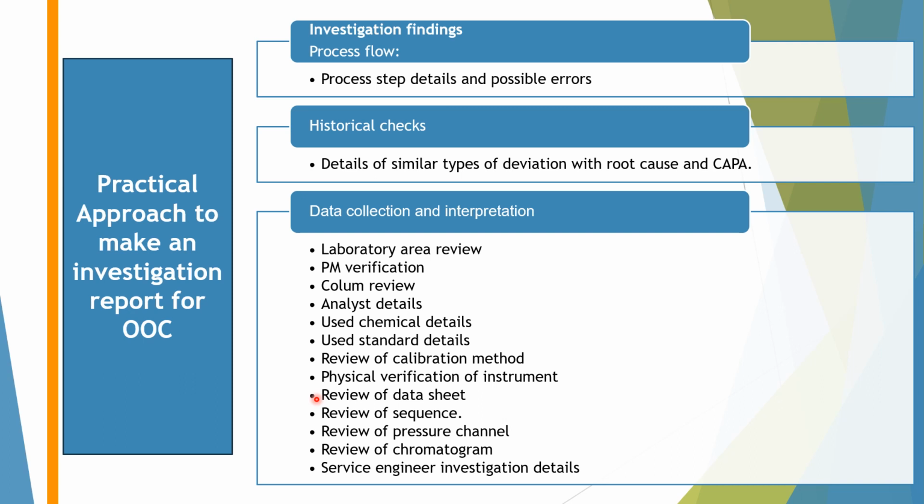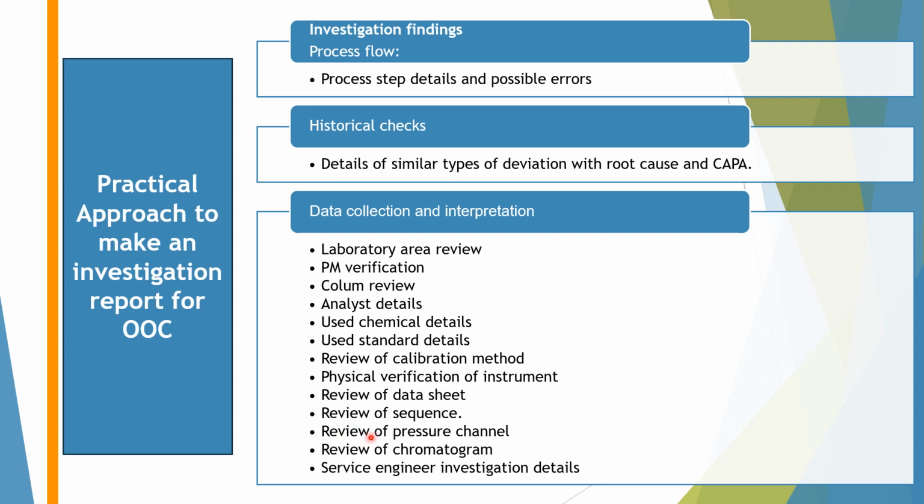And such things you need to cross check and elaborate in the reports, that is, whether it is satisfactory or not, right? Next is review of sequence. So here you need to check that all information is correctly mentioned in the sequence, including the right instrument method. So such things we need to check.